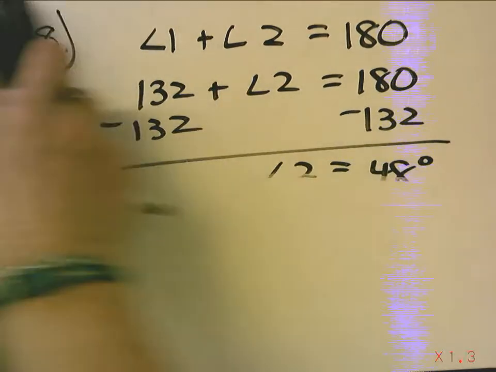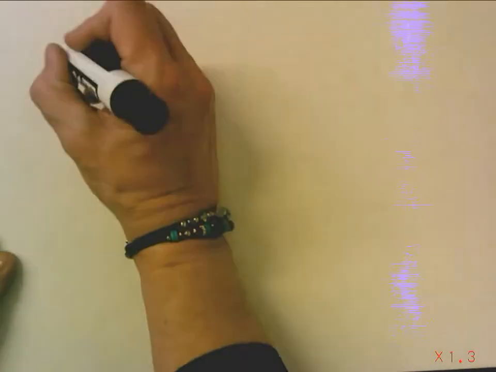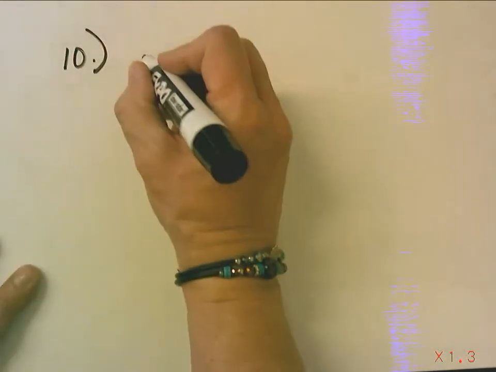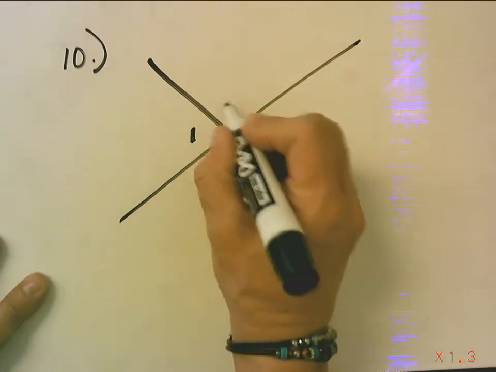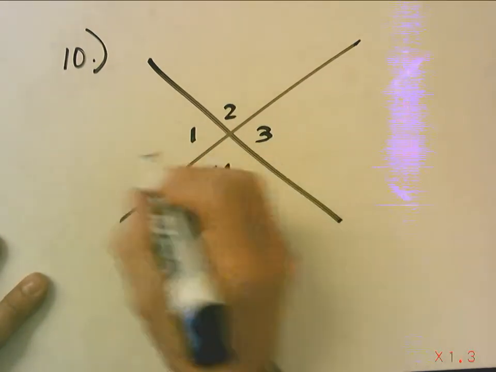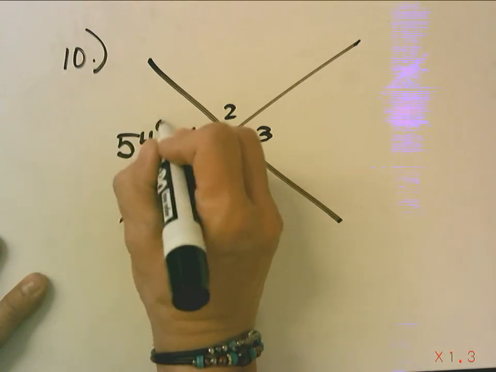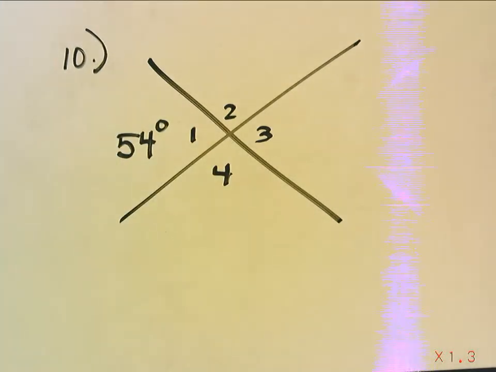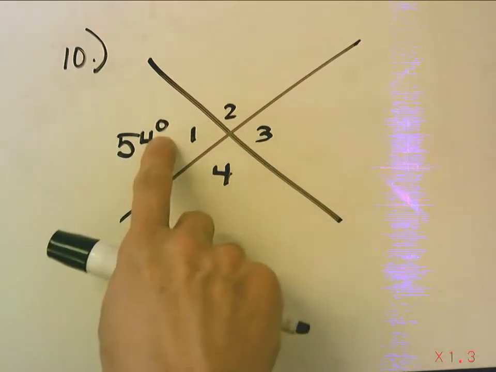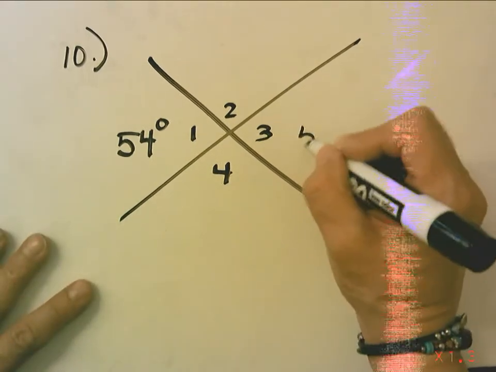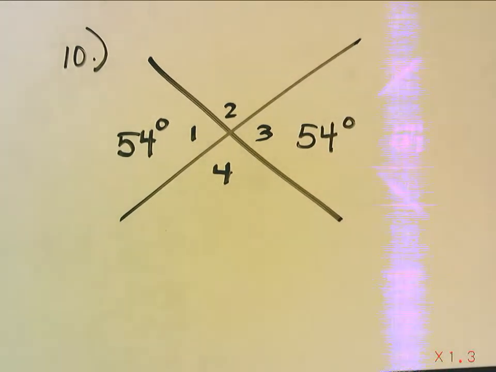Now, number 9 says angle 3 and angle 4 are supplementary, which means if I add them together, they equal 180. Angle 3 is 23 degrees. So I subtract 23, subtract 23, and angle 4 equals 157. Now for number 10, it says in example 3 we had 1, 2, 3, and 4. If the measure of angle 1 is 54 degrees, find the other 3. The easiest one to find is the vertical angle, because we know vertical angles are congruent. So angle 3 would be 54.